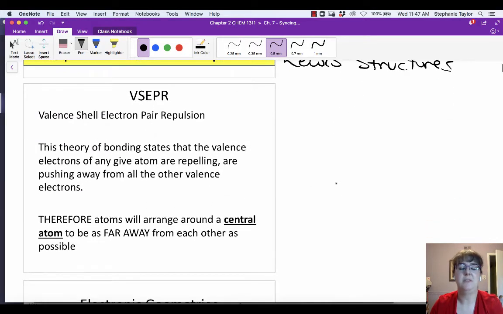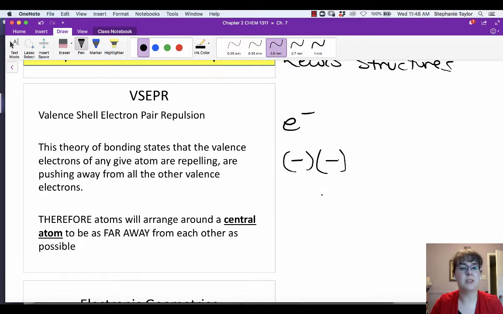This is a theory called the valence shell electron pair repulsion, also known as VSEPR. The main thing about this is that we know that electrons are negative. So this should not be a big surprise. And things that have the same charge repel each other. So all we're really saying is that we have these bonds that are connecting covalent compounds together, and as those bonds contain electrons, they're going to repel one another.